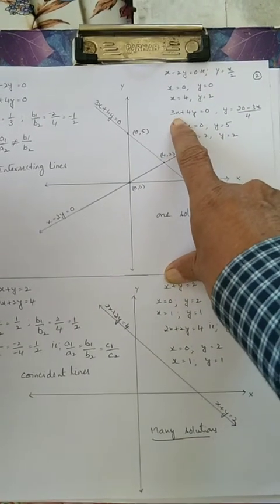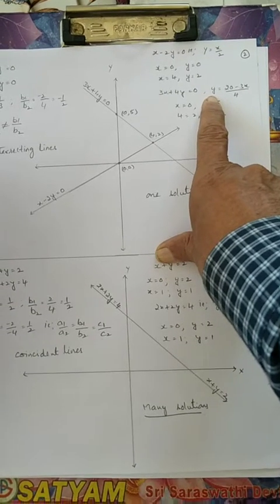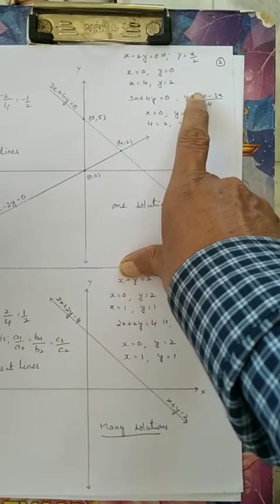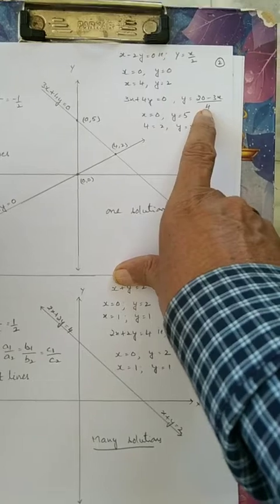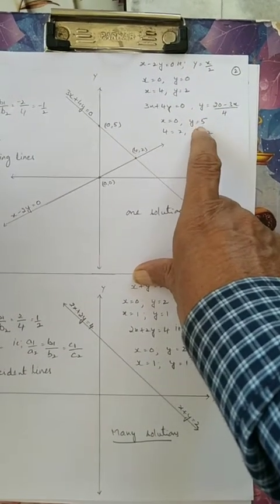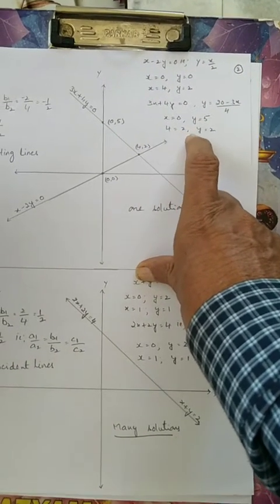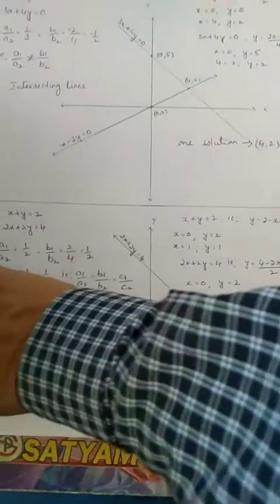Now in the second case, 3x plus 4y is equal to 0. Then you make y the subject. Then y is equal to 20 minus 3x by 4. Now in this case, if you take x is equal to 0, we get y is equal to 5. Then if you take x is equal to 2, y is equal to 2.